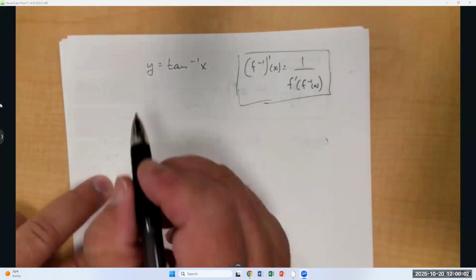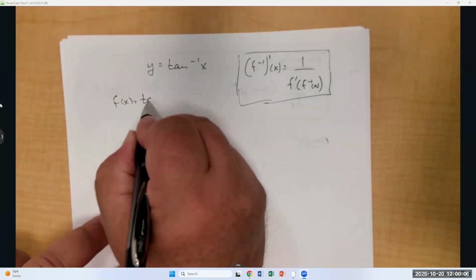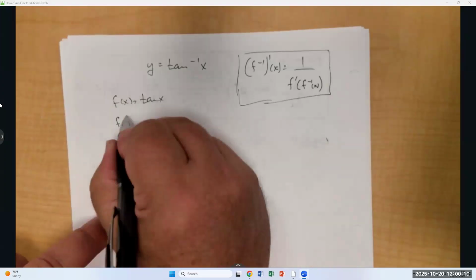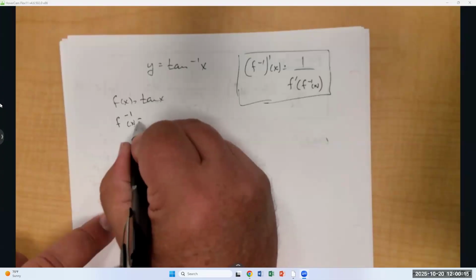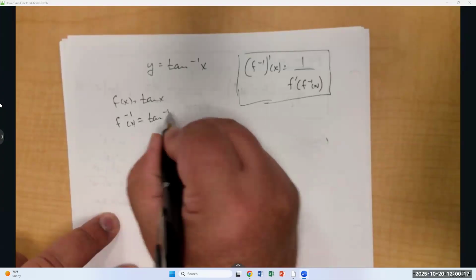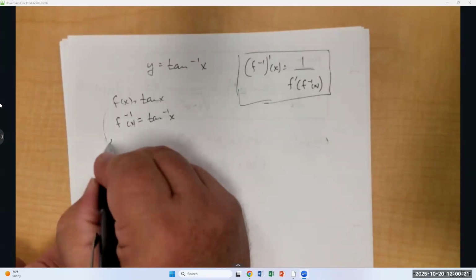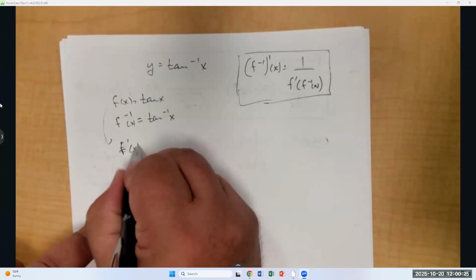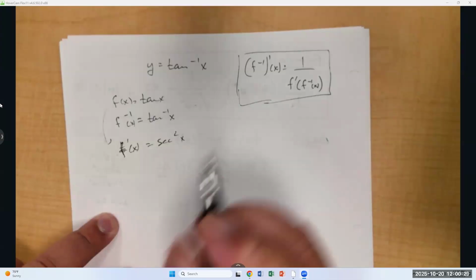So our f of x, original function, is tangent. The inverse of that function is the inverse of tangent at x. And the derivative of tangent is secant squared. We did that earlier.